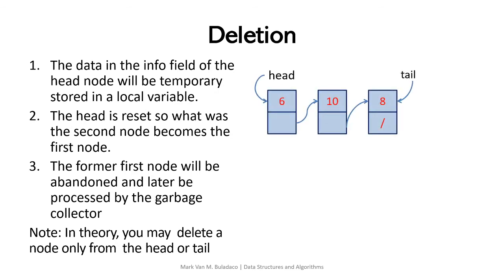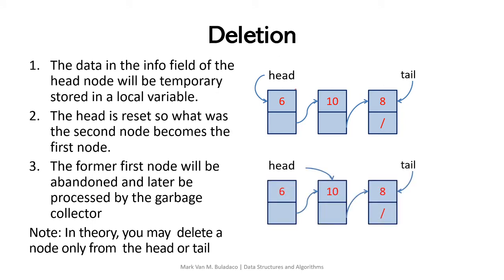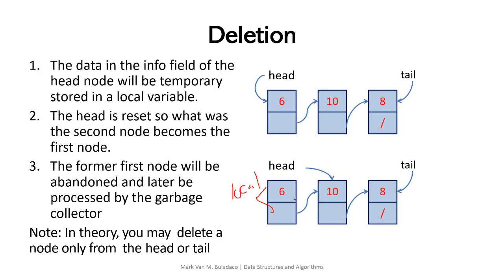So this is our example. We do have 3 nodes. Let's say, for example, we want to delete the head, the node at the front of the linked list. The data in the info field of the head node will be temporarily stored in a local variable, and the next field will also be stored.